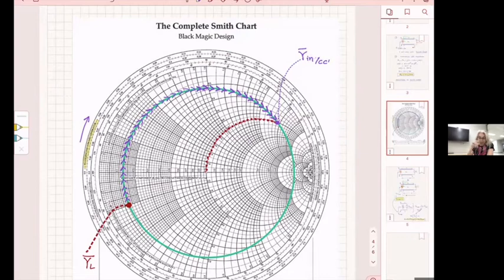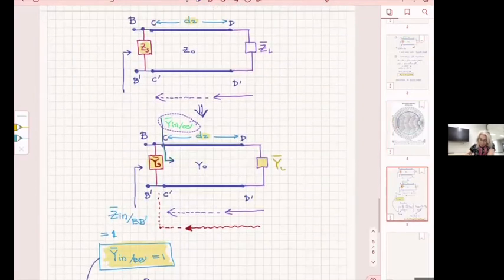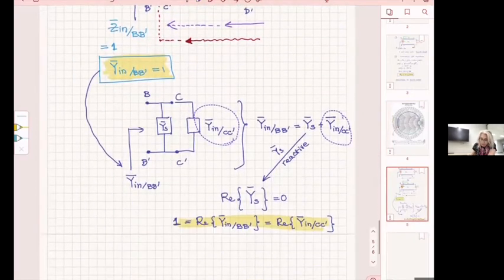Now I want to add something there, as we saw from here: a reactive part. We are going to keep the real part of y input CC prime. We're not going to change it. We'll only change the reactive part.